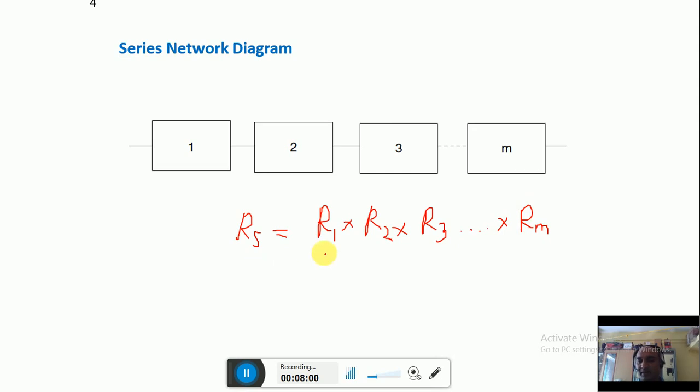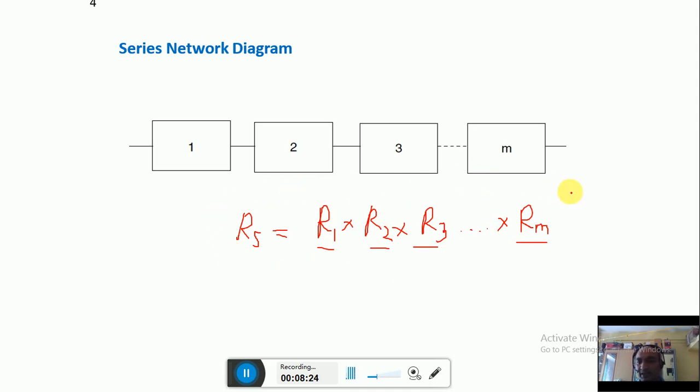Obviously, as all these R1, R2, R3 are values less than 1, the reliability of the system will always be less than the minimum of these reliabilities. Again I will repeat the sentence, it's very important.